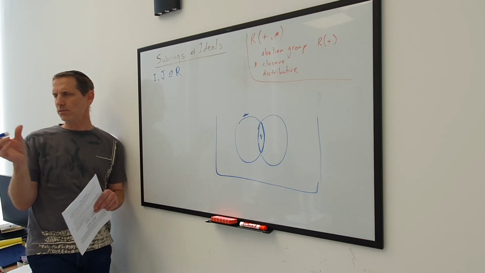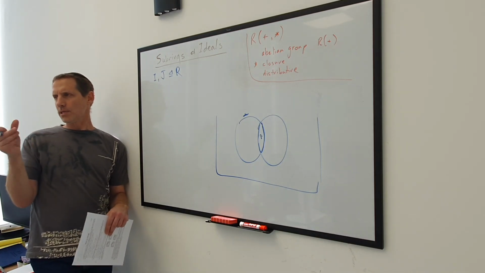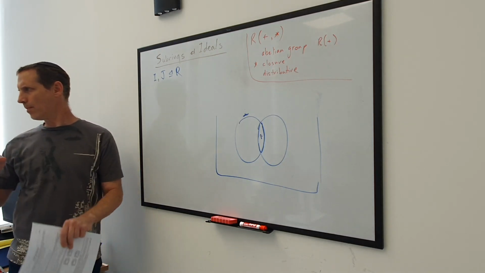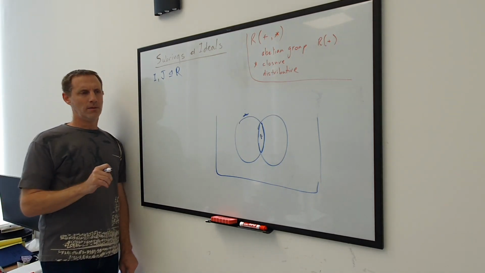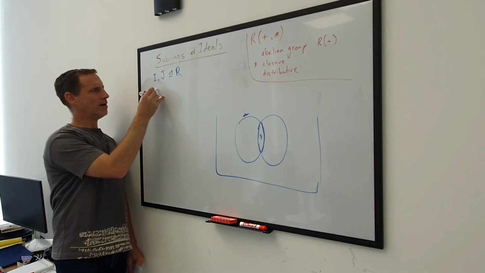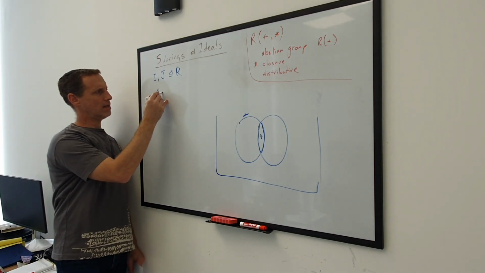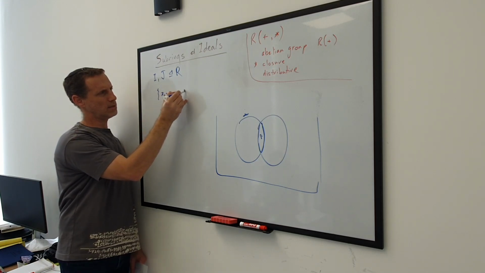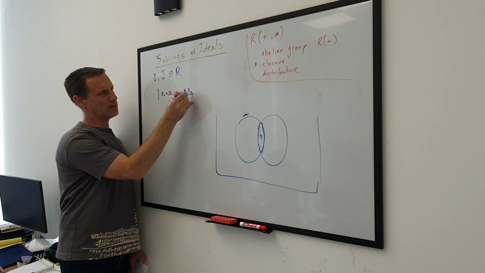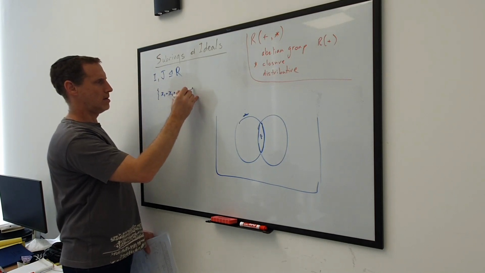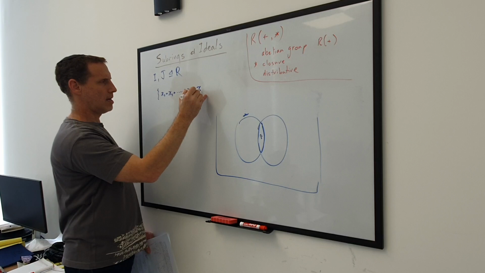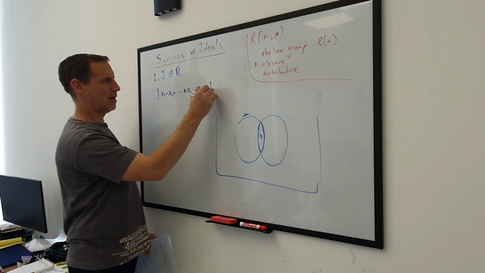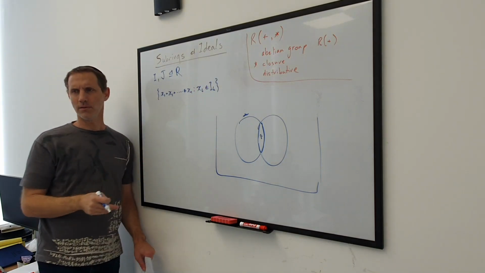It's all the sums of elements from ideals, and it's defined as x1 plus x2 plus ... plus xn, where xk belongs to ideal k, and you've got n ideals.